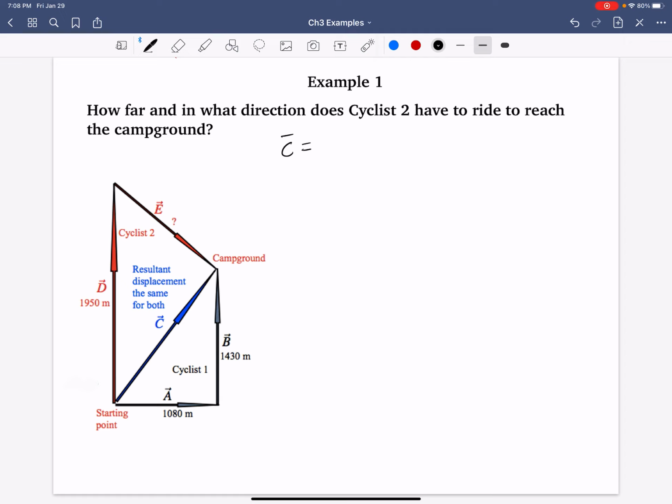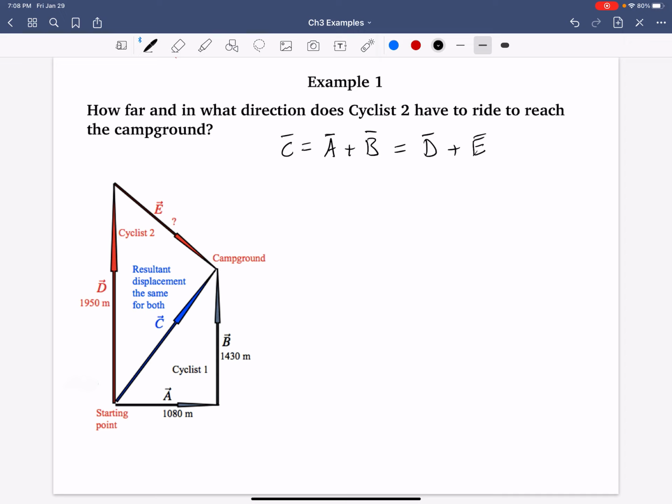So that means if we add up the vectors in both paths, that should equal C. So for 1, we have A plus B, only in vector form. And that's also equal to vectors D plus E. I'm just keeping this all positive and still in vector form for right now.